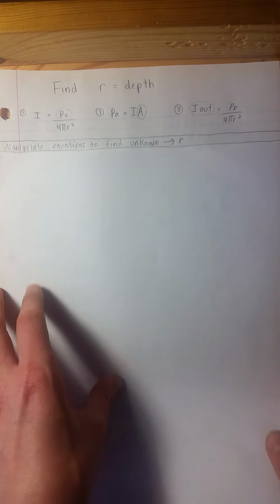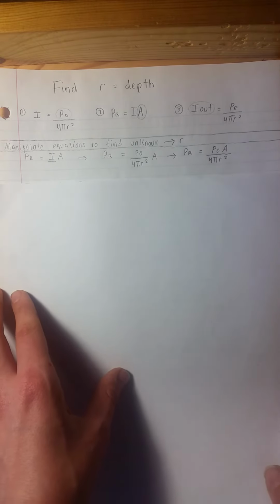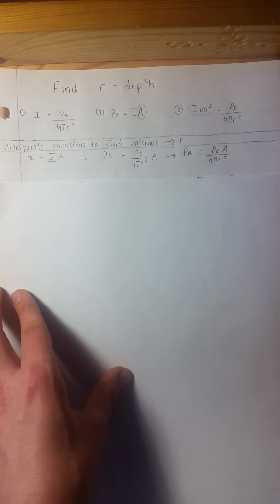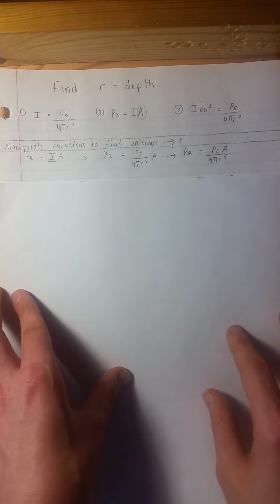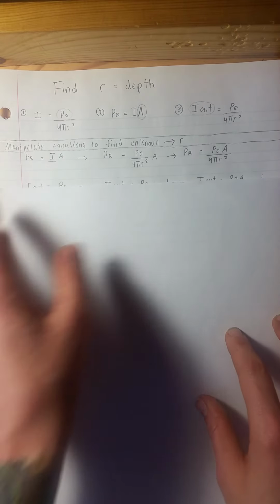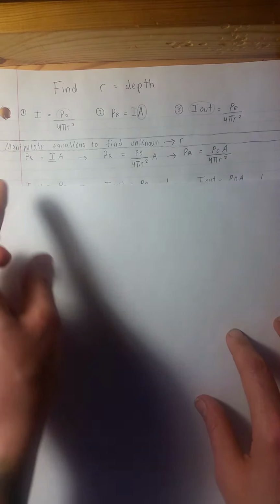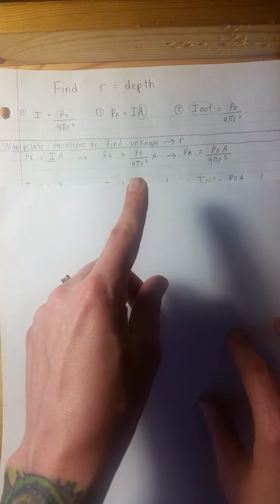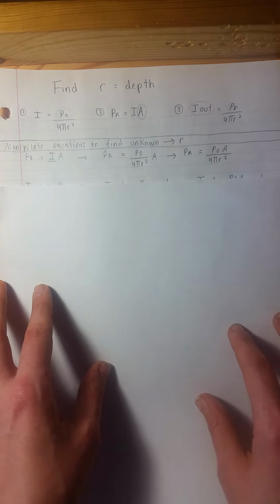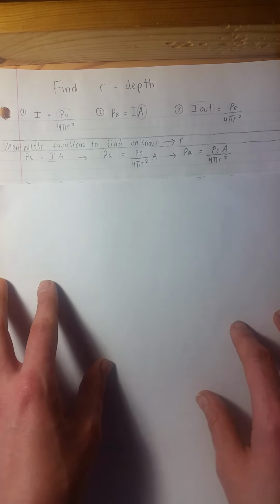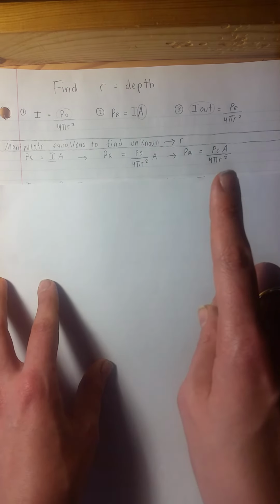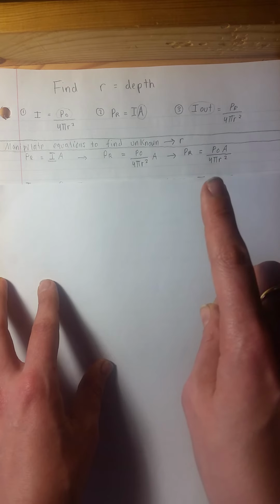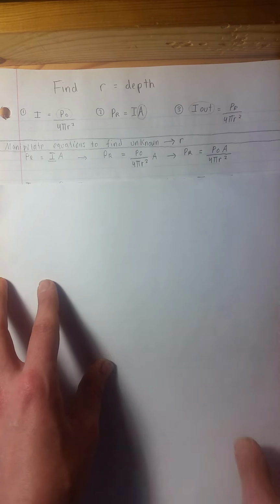So manipulate the equations to find the unknown r. At first I used equation 2, and I took the I in equation 2 and replaced it with equation 1. So then we have P reflected equals P naught times area divided by 4 pi r squared.